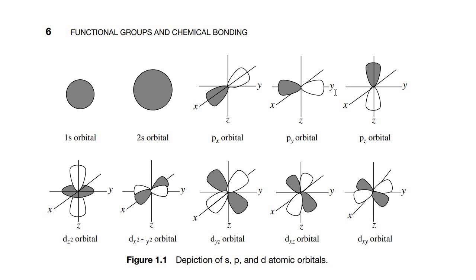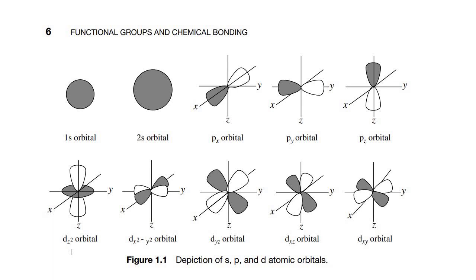Now here py, this dumbbell is on the y-axis, and pz is the p orbital on the z-axis. So it is clear to you what is the meaning of 1s orbital, 2s orbital, px orbital, py orbital and pz orbitals.